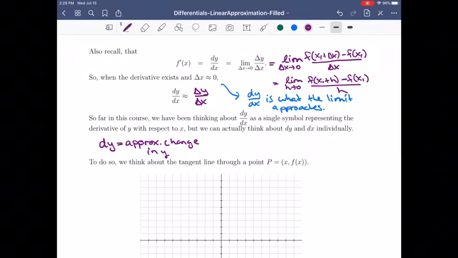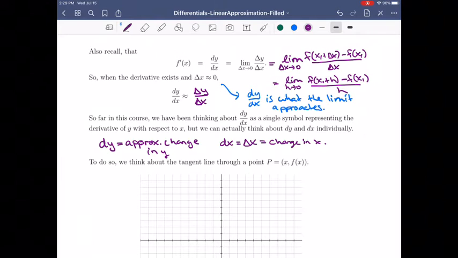And dx, because we know the change in x, is actually delta x, the change in x. The y change is the one that we don't generally know, so dy is the approximate change.